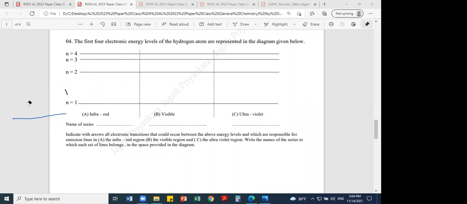Now let's see how. Infrared means electrons transit from a higher level to the third level. I'll highlight this. IR you get when electrons undergo transition from a higher level to the third level. Visible region occurs when electrons undergo transition from a higher level to the second level.